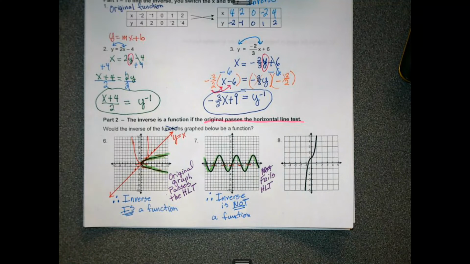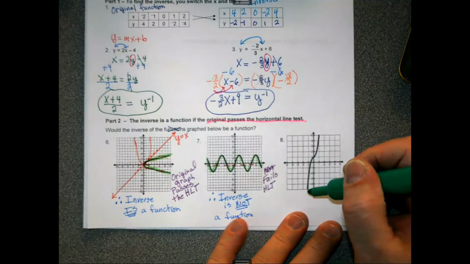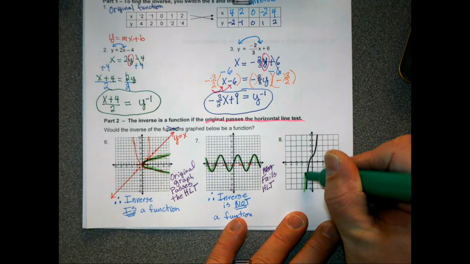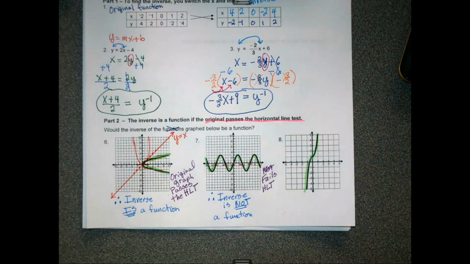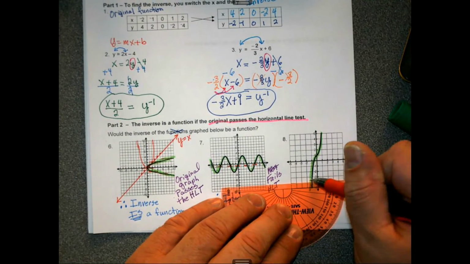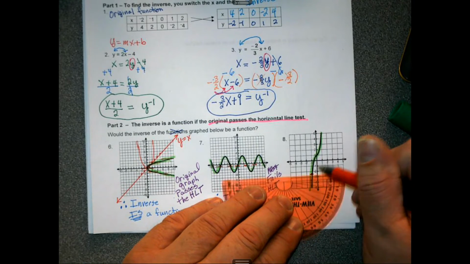What about this cubic graph here? Does this pass the horizontal line test? Yeah, it only intersects at one point.